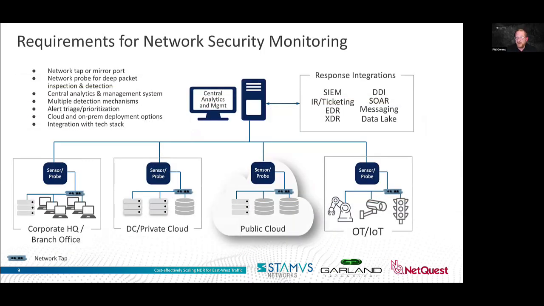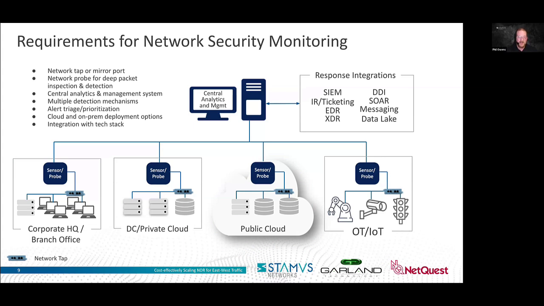Some of the requirements from a network security monitoring perspective: you'll see here we have network taps and mirror ports, which will be talked about pretty extensively as far as the architecture is concerned, coming off of corporate headquarters, and then a sensor or probe for doing deep packet inspection. I'm a huge advocate of deep packet inspection versus just flow records, right?